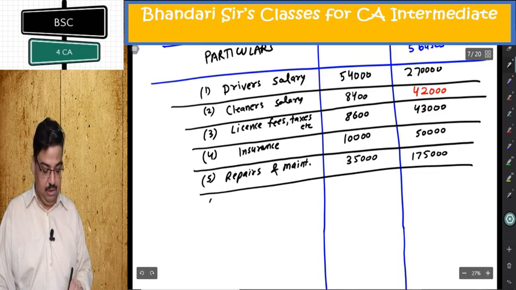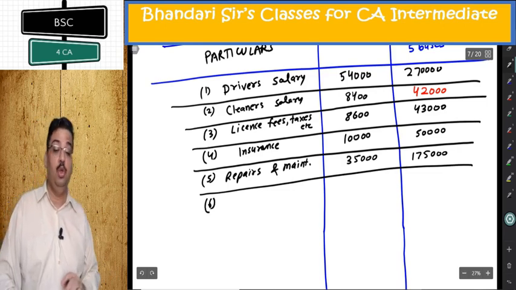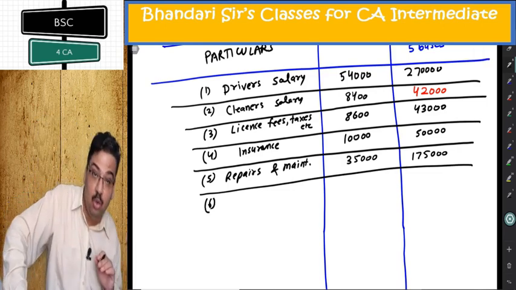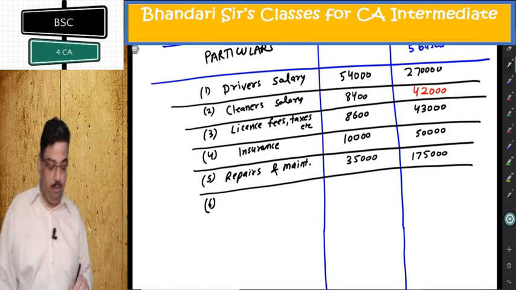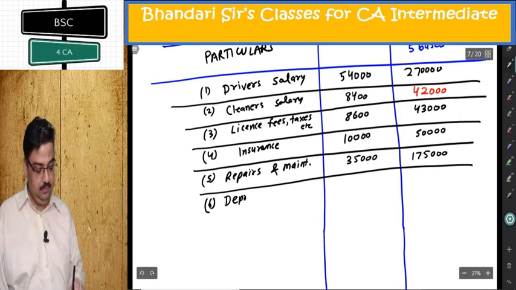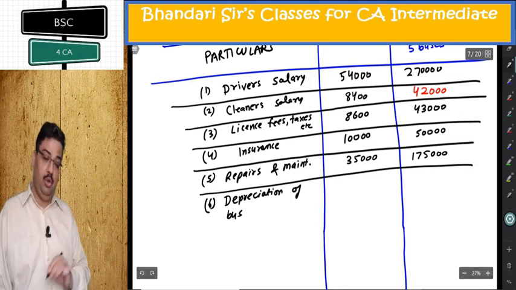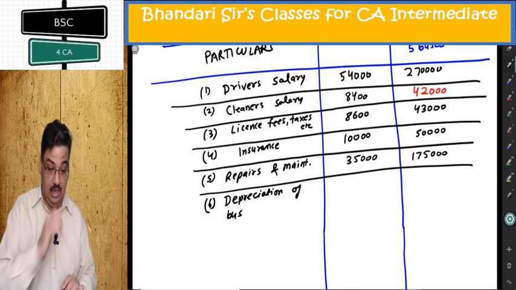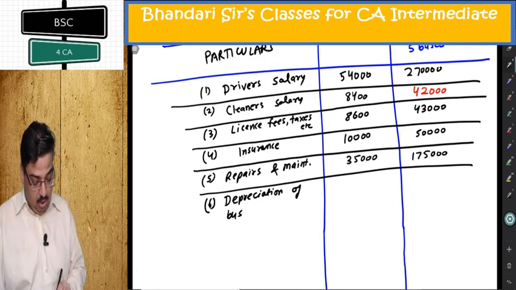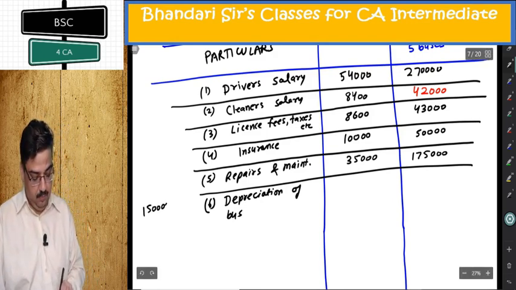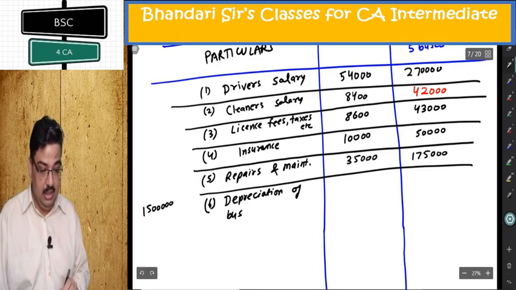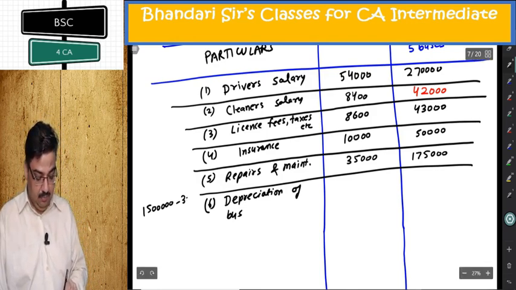Number 6. Purchase price of bus. Do you put purchase price in the annual cost statement? No. We are going to put only depreciation. Depreciation of bus. You can show it in a working note or you can show it on the side. 15 lakh is the cost for each bus. There is scrap of 3 lakh, minus 3 lakh.